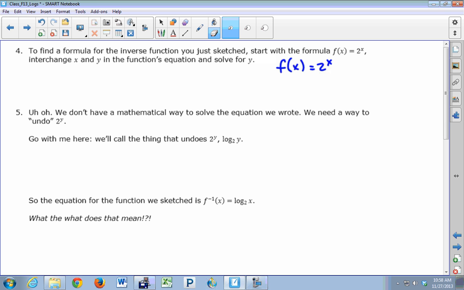Remember, our first step was we write f of x as y. And then we interchanged x and y, and we solved for y. That's how we found our inverses. So let's try it. Now solve for y. How are we going to get y downstairs?